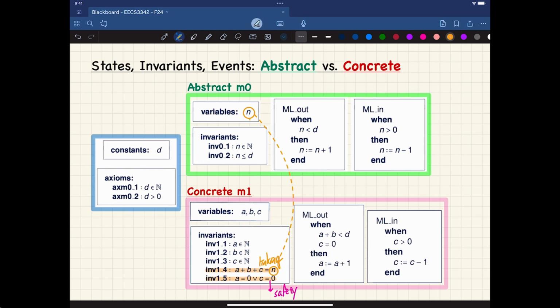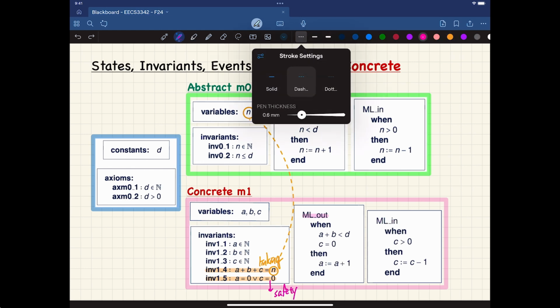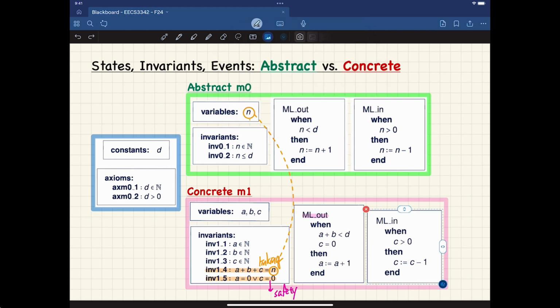And then we also talk about events. Think about ML out, ML in. These are the concrete events.